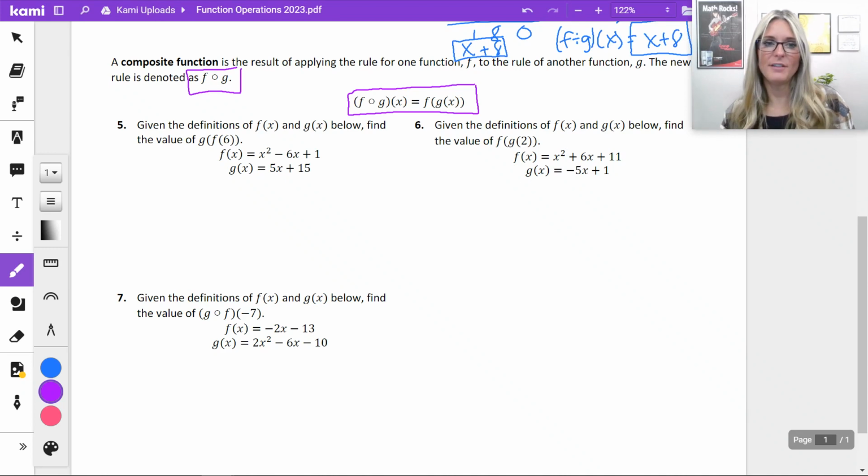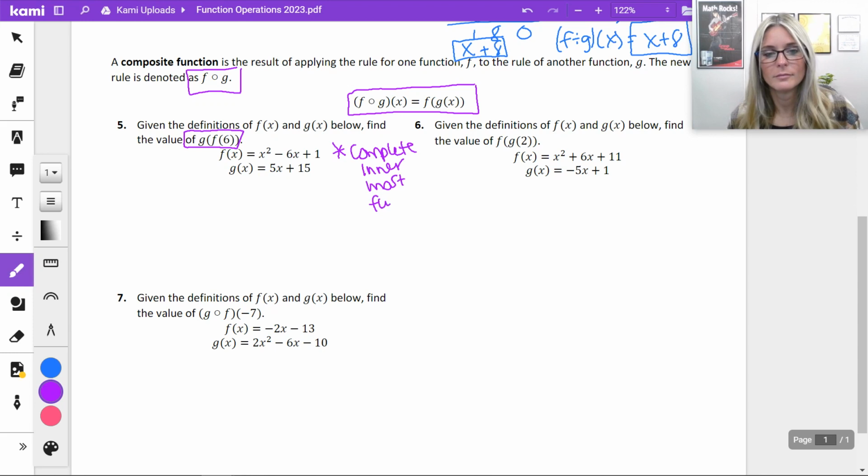Number 5, given the definition of f of x and g of x below, find the value of g of f of 6. Now we always want to do the innermost function first. So let me make a note here. Okay, so looking back at our problem, we had g of f of 6.